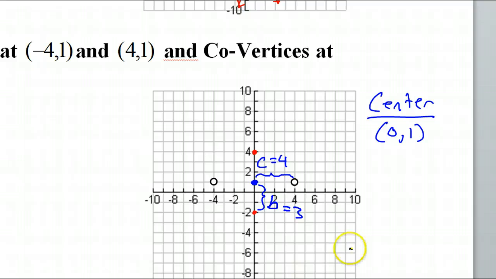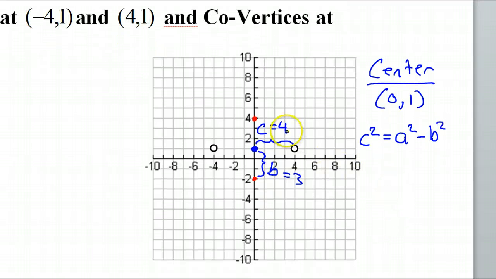Now, ladies and gentlemen, for ellipses, we know that C squared is equal to A squared minus B squared. You just have to memorize that. For hyperbolas, it's plus. For ellipses, it's minus. So I've got the 4 and the 3 here. So C squared will be 16.